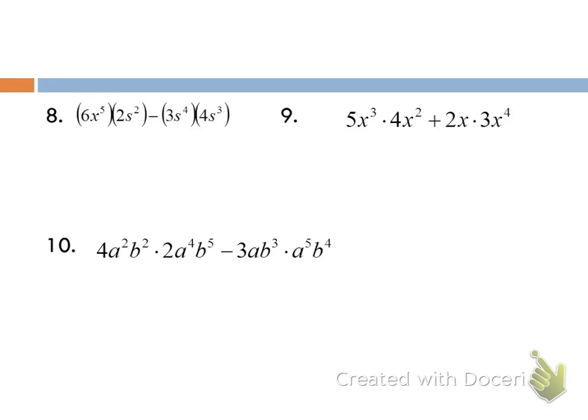What is different about 8, 9, and 10? Ellie? We've got a subtraction problem on 8. We've got a subtraction problem on 10. And on number 9 we have an addition problem.